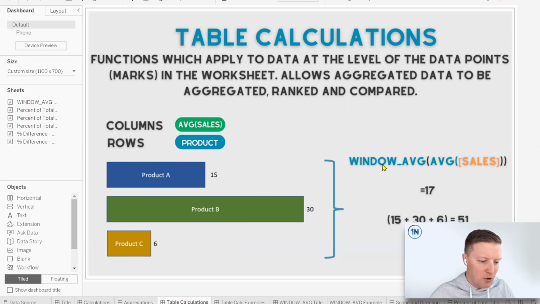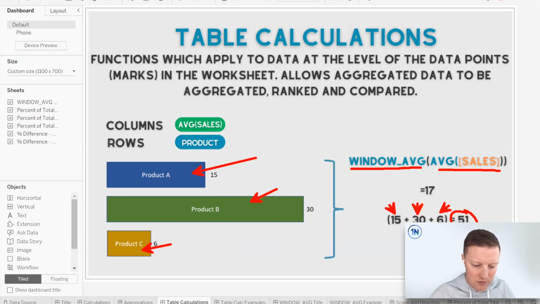A table calculation can look at the data points themselves and apply additional logic. If you said, what is the window average of my average sales, you're telling Tableau to take the values 15, 30, and 6, add those together to get 51, and since there are 3 of those, divide 51 by 3. So our window average would be 17.